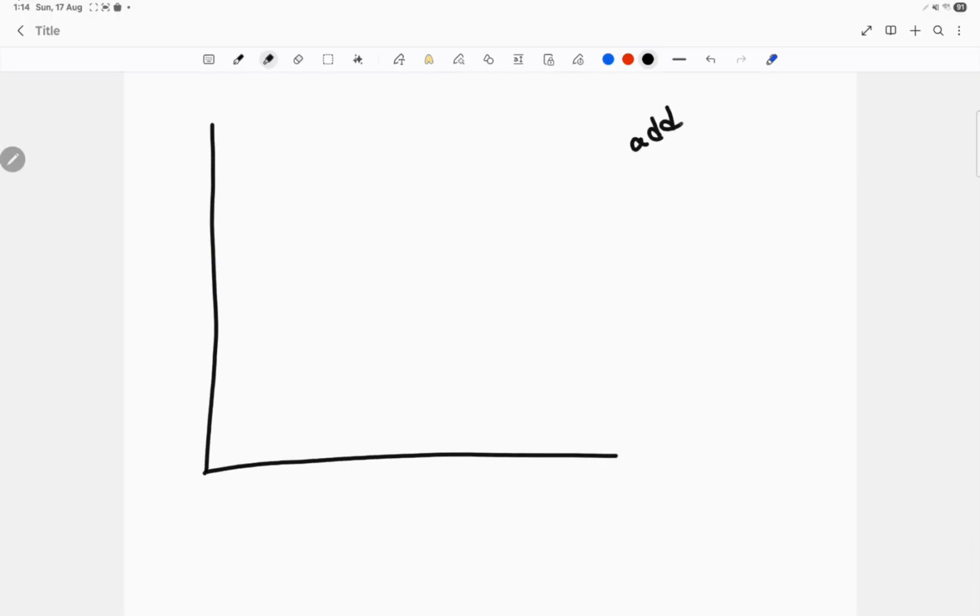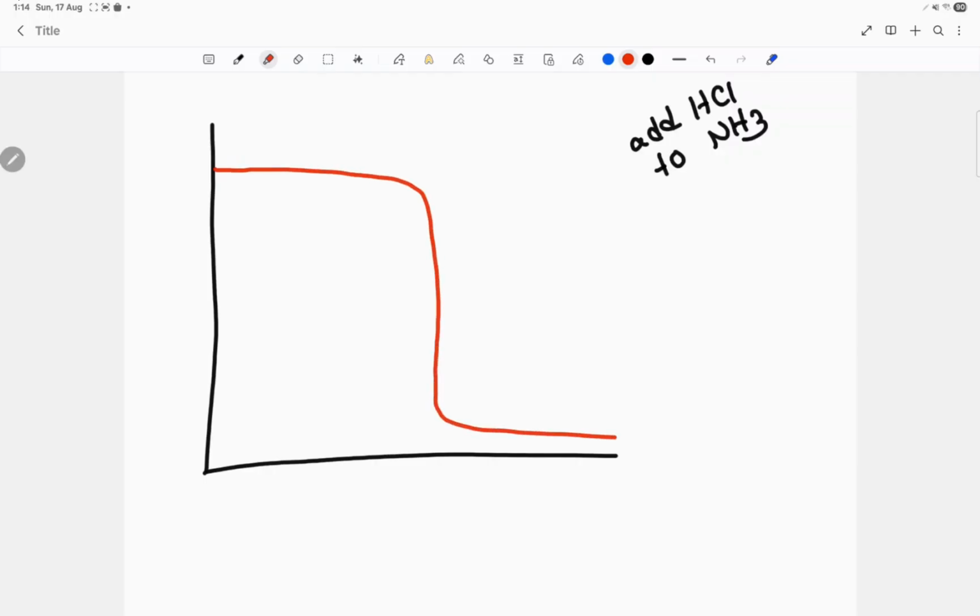Let's now speak about the titration involving the addition of a strong acid to a weak base like NH3. Of course, you will start high and you will then drop, correct? Because HCl will be dropping it. The pH at the equivalence point, do you think it's going to be more than 7 or less than 7 or equal to 7?